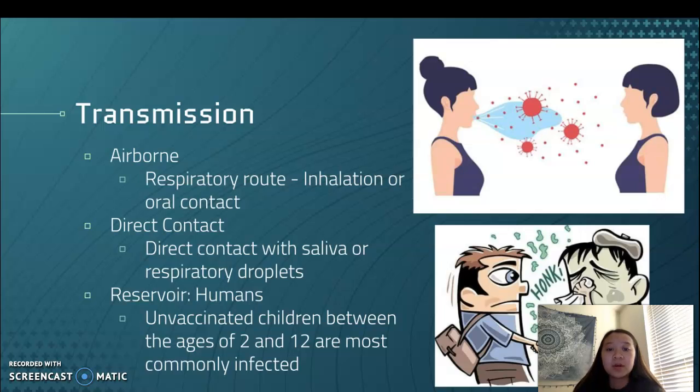Generally, mumps affects children in developed countries because they don't have the immunity that children in underdeveloped countries would have. Usually, though, this disease is mild.